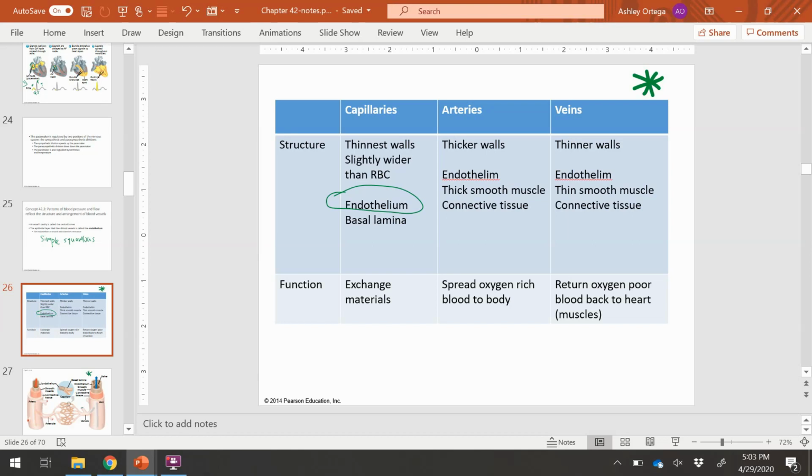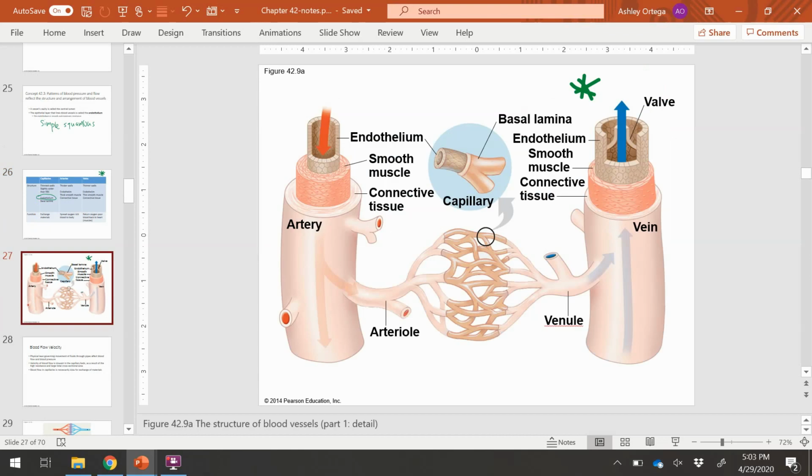We'll see that their valves are uniquely designed, so they don't need as much smooth muscle in their blood vessel structure. You can see those in picture form here. Arteries have the endothelium lining, thick smooth muscle, and a thicker artery wall.